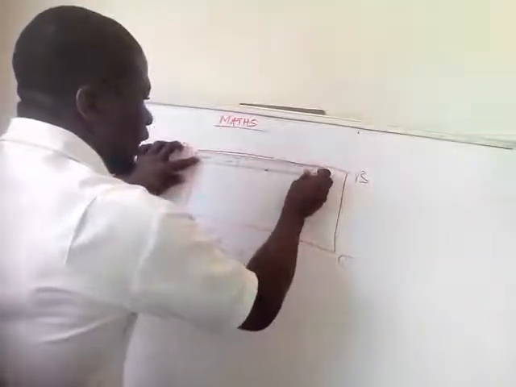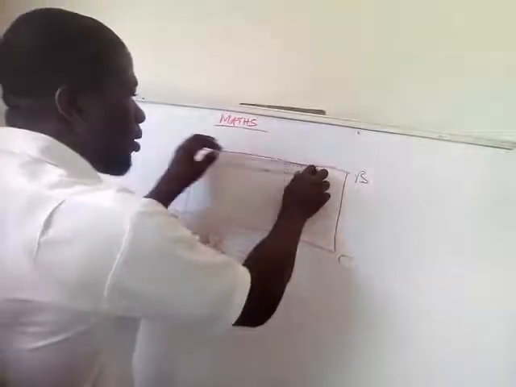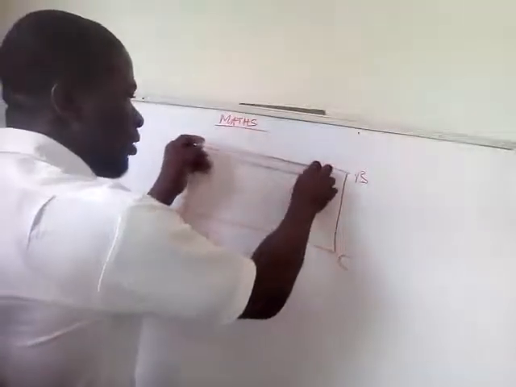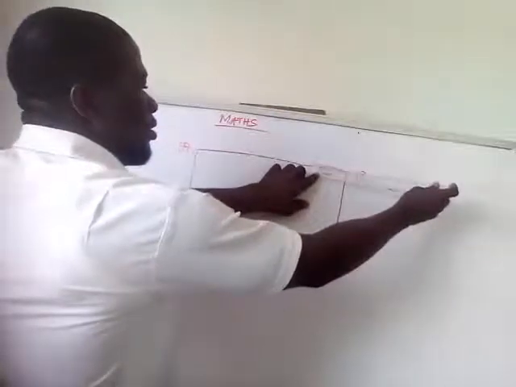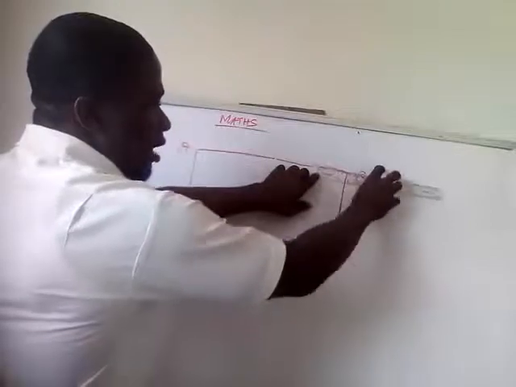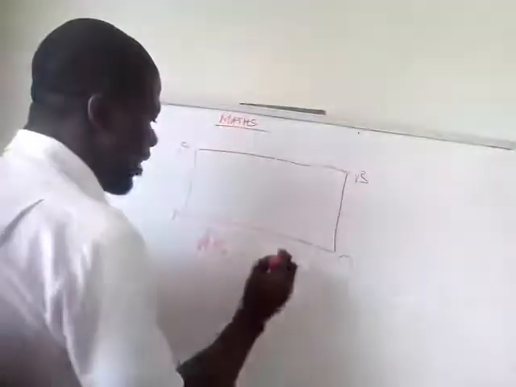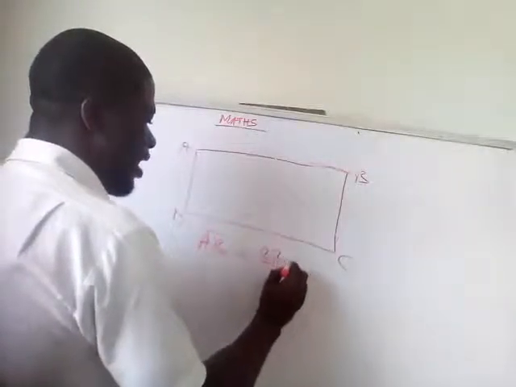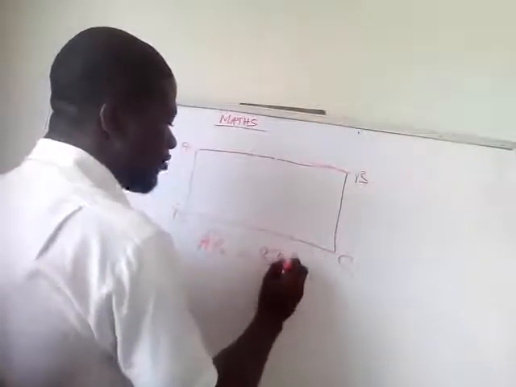You have seen this is 30 cm. Then from here now, you put the 0, 30 cm, then 7.5, that's 37.5 cm. We have A, B, 37.5 cm.